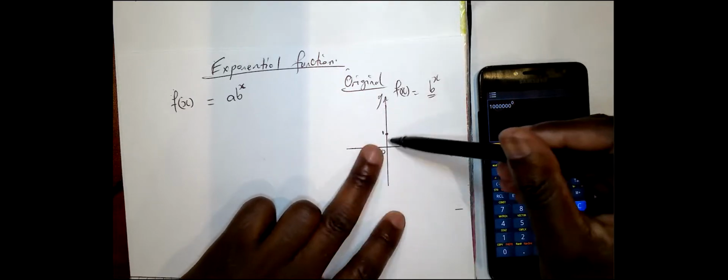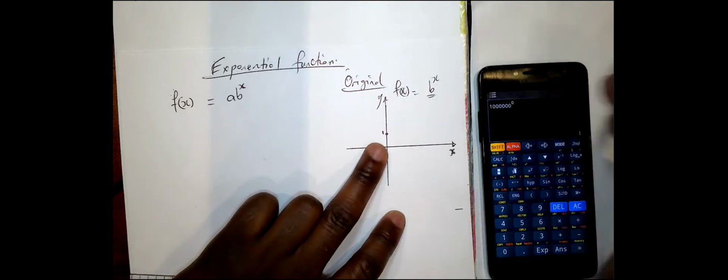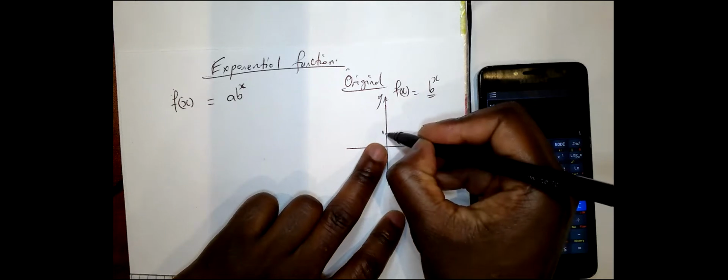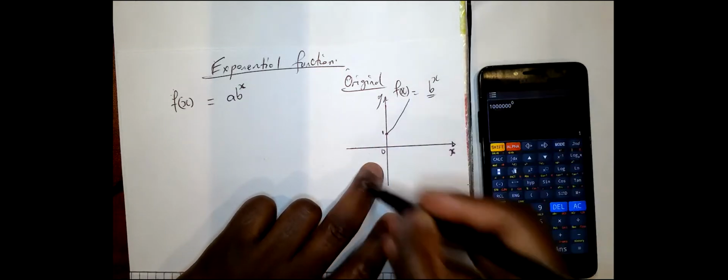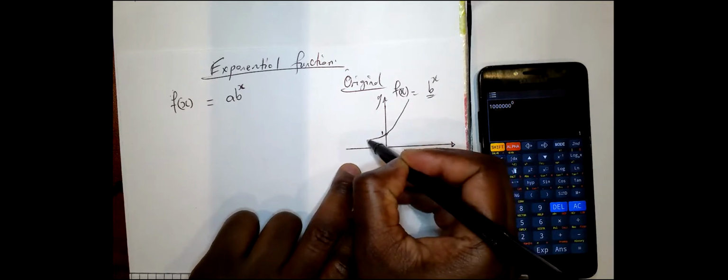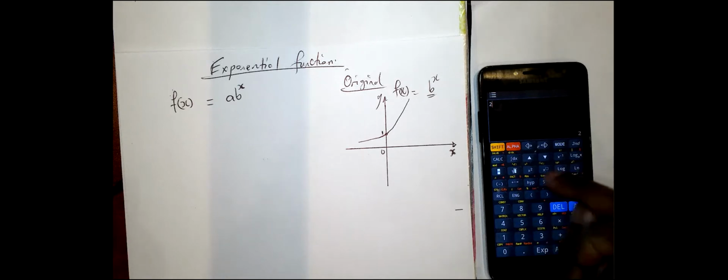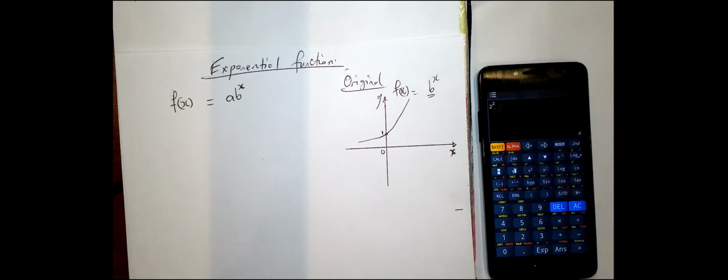Now when you start to increase the values of b, like from 1, 2, 3, you find that your values also increase like that. But now when it comes to this side, when it's negative x, you find that it's actually a fraction. Let me give an example. Let's say we are using the same base, 2 to the power 2. 2 squared is 4.